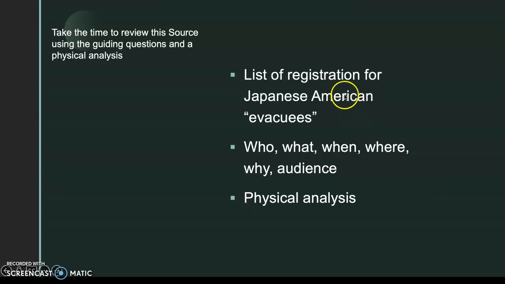Alright, so list of registrations for Japanese American evacuees. So go ahead and write on a piece of paper or in your head, answer the who, what, when, where, why, audience, and do a quick physical analysis. You can pause the video and come back if you want. Just really think about those questions that we had just gone over.